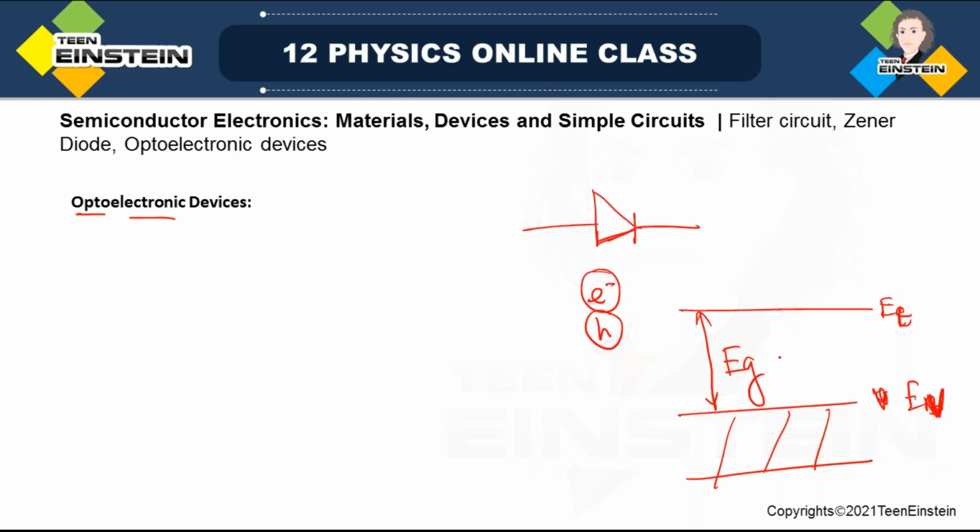So in general, in case of a diode, if you want to get current, the electron population has to be increased in the conduction band.